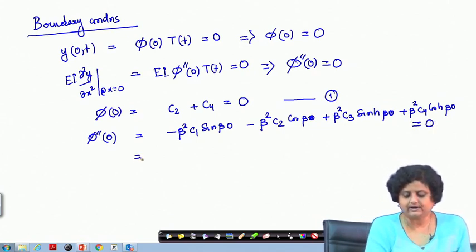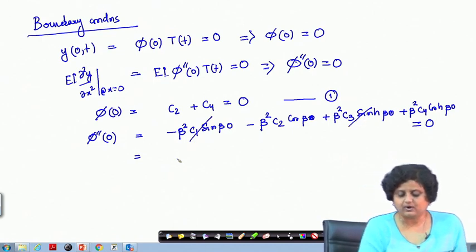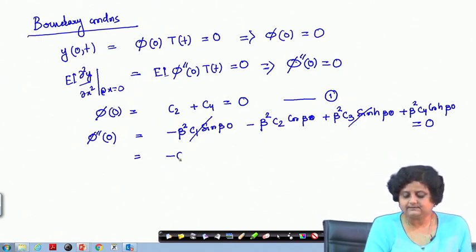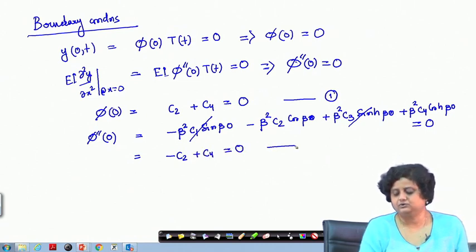So, what do we get out of it? This goes to 0, this goes to 0. So, I get minus C2 plus C4 is equal to 0. So, this is my second equation.